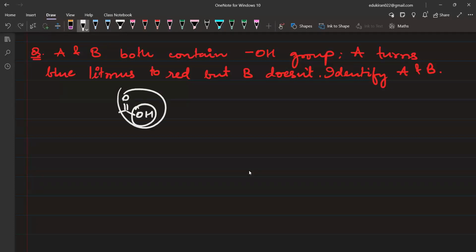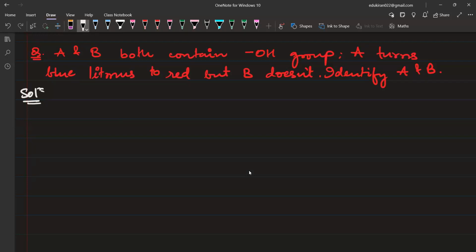It is not having the OH group. When we say carboxylic acid, when we have this particular compound, it is behaving as carboxylic acid and not as alcohol. So if somebody says that it has the OH group, it means either it is going to be alcohol or phenol, right? Now, as you can see in the question itself, they have given that A turns blue litmus red.